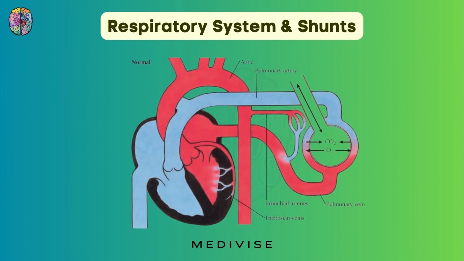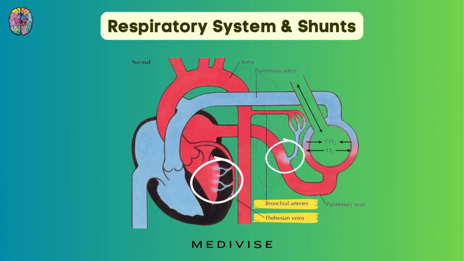You can see in this diagram the Thebesian veins supplying the cardiac muscle and then draining directly into the left ventricle. Secondly, you can see the bronchial artery arising from the aorta. It then divides into capillaries and drains directly into the pulmonary vein, which has oxygenated blood.